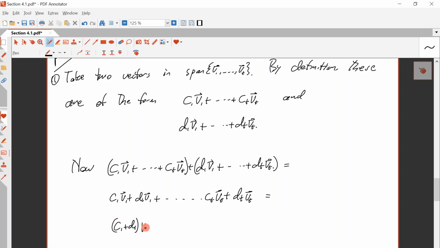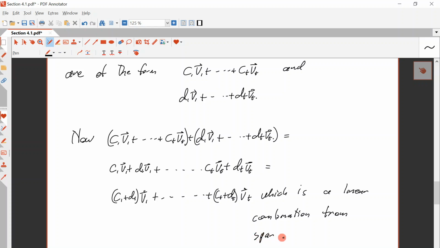C1 plus D1 times V1 plus CT plus DT times VT, which by definition is a linear combination from that span, V1 to VT.